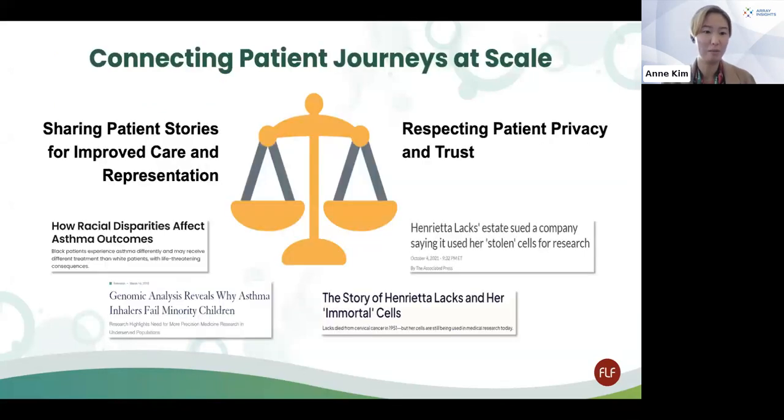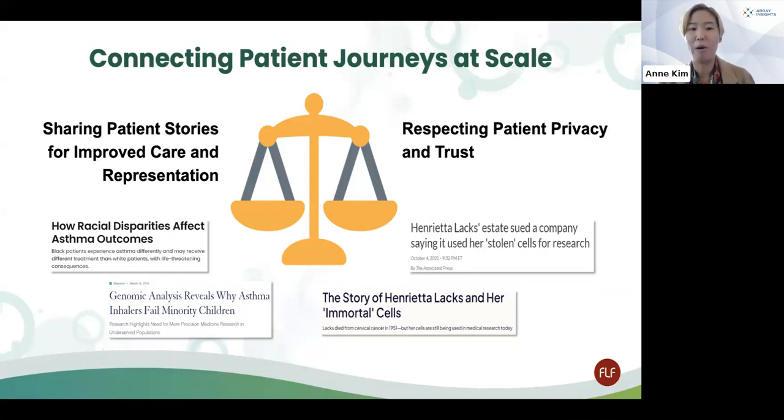Next slide, please. And so one of the biggest challenges for AI is data and the patients who are contributing that data and trust the stewardship of their doctors as well as patient organizations for this. And so, we're all familiar with racial disparities as well as different types of disadvantages for different groups based on histories.